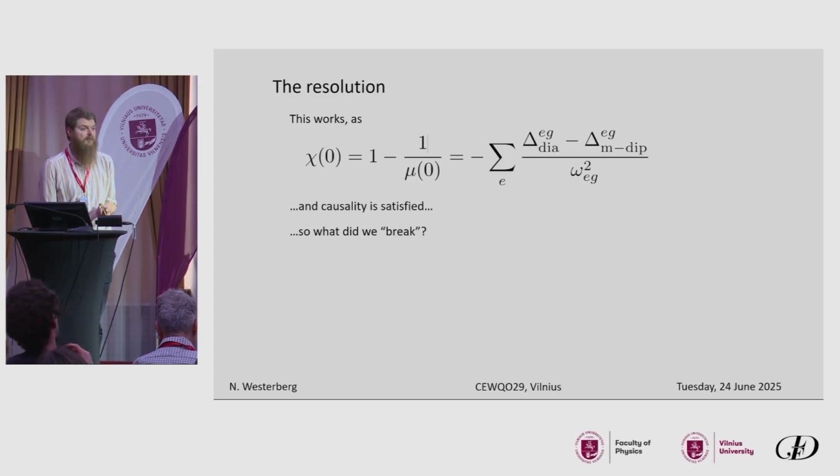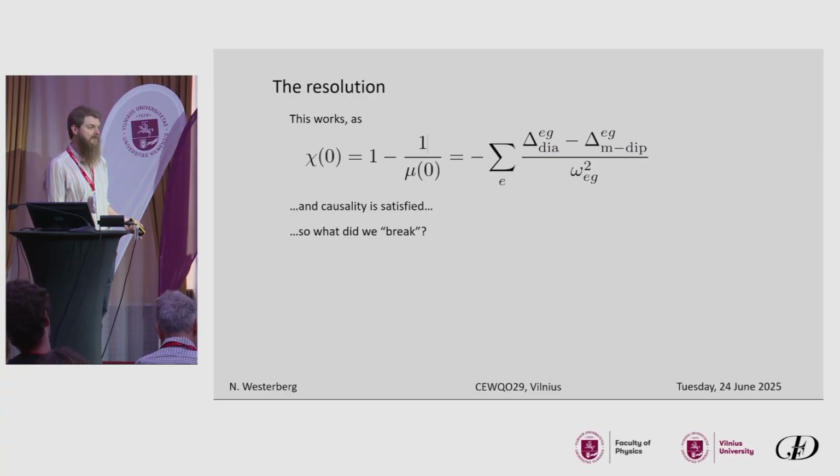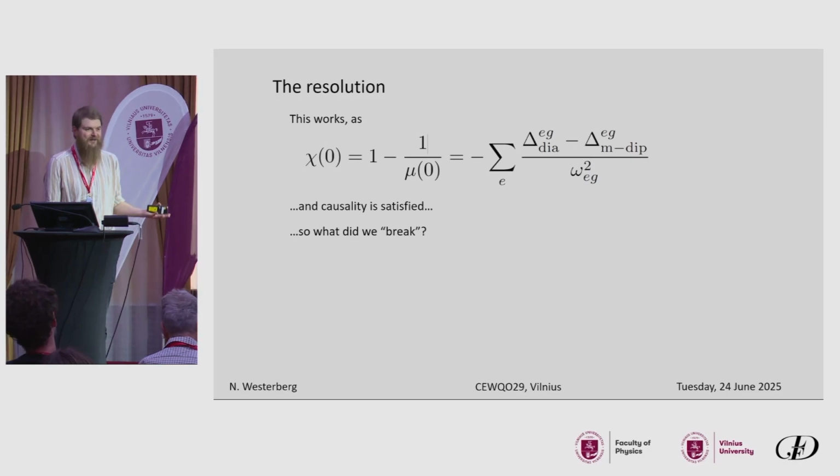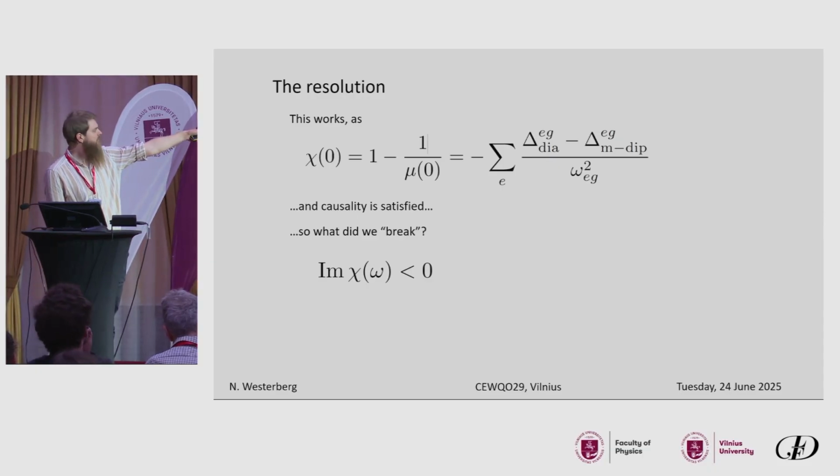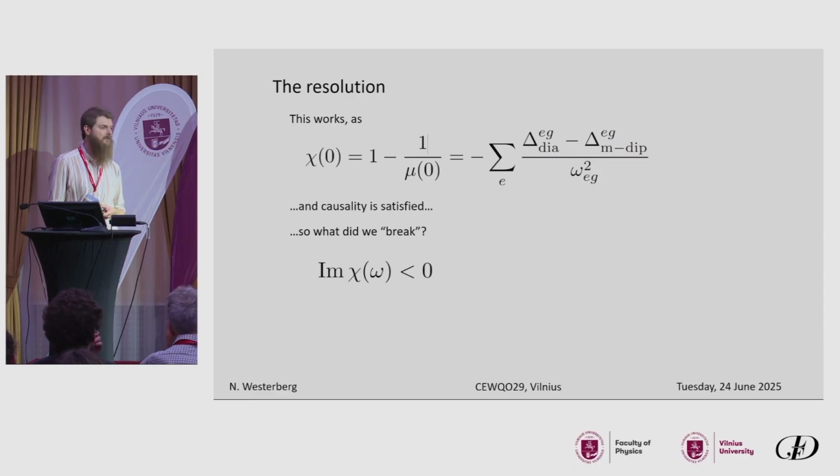Oh, fantastic. So what did we break, right? Must have broken something, otherwise those three assumptions that led to my inconsistency... And it turns out that around the electric dipole resonance, you can have the imaginary part of this chi, the permeability chi, be less than zero.